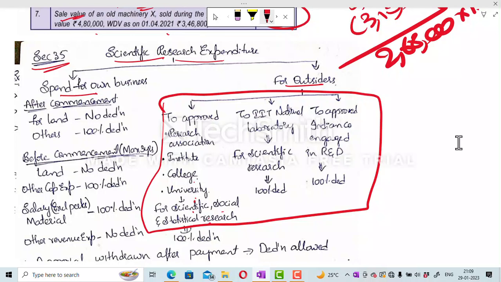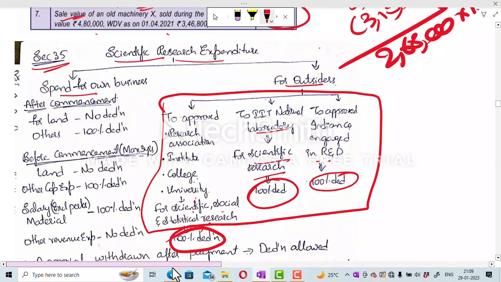If they are involved in this and we have donated to them, we can take 100% of the deduction amount. And if given to an IIT or National Laboratory and used for scientific research, then also we can take 100% deduction. If we have given to an approved Indian company engaged in research and development, then we can take 100% deduction.